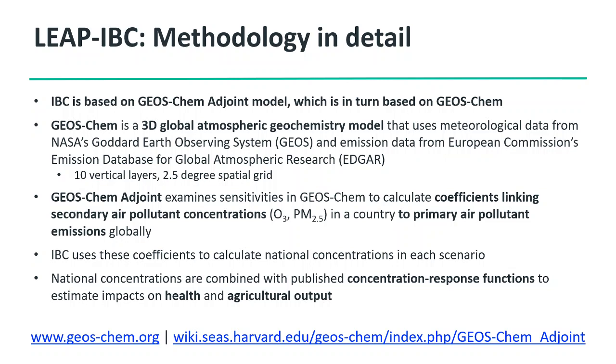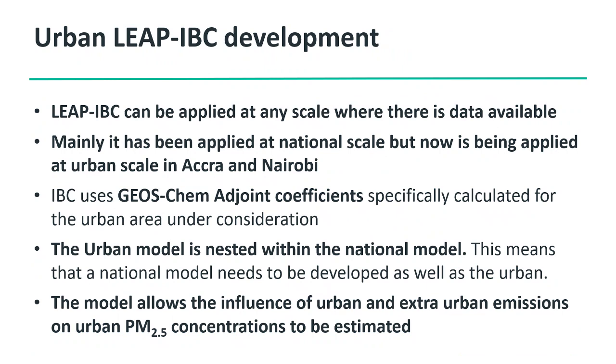We then combine those with international concentration response functions that say, for a particular exposure that a population has to PM2.5, what impact does that have on human health in terms of premature mortality, the number of premature deaths that occur due to that exposure to PM2.5.